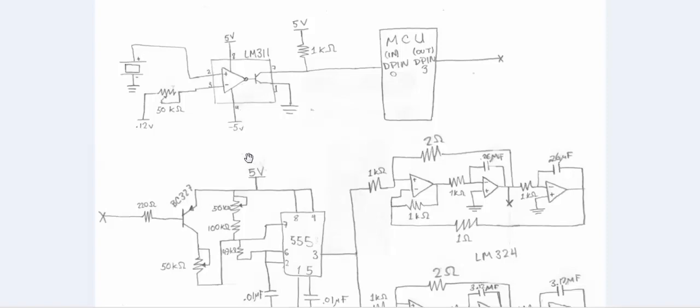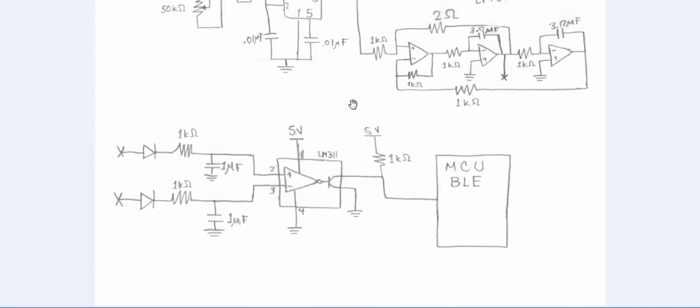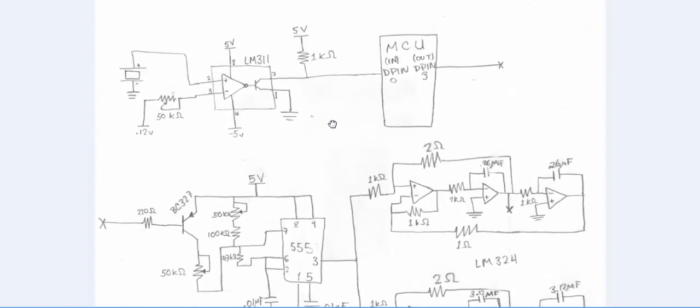So for the electrical design of our project, we have this diagram that shows the whole system. We start with the piezoelectric sensor, represented by this. The positive side of the piezo is connected to pin number 2 of an LM311, a voltage comparator.